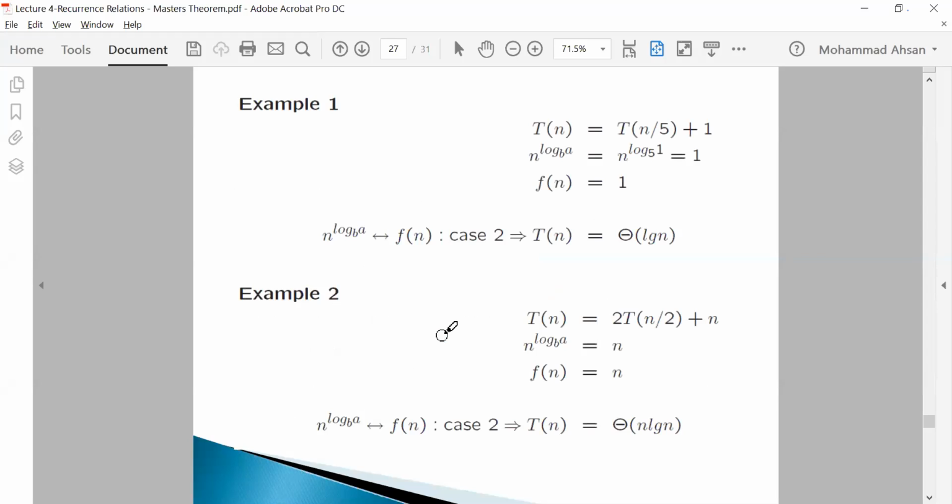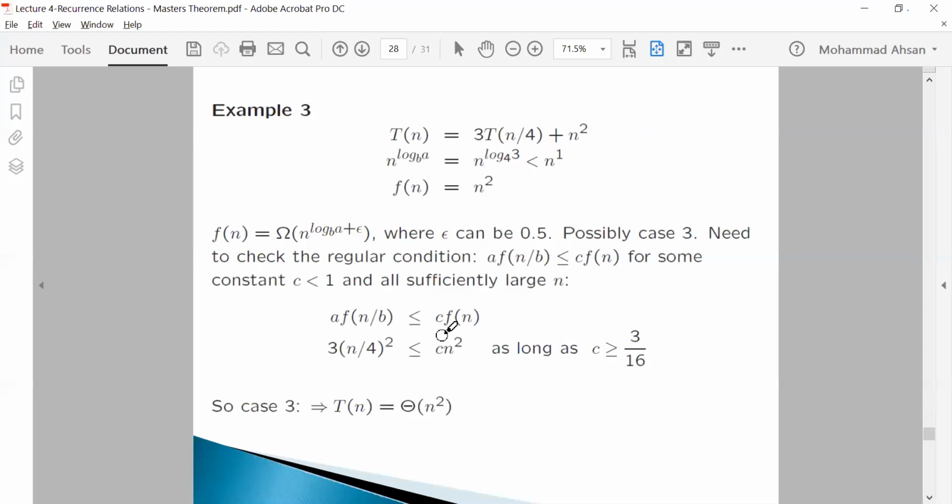So again, more examples. So you, let me see how many I've put.